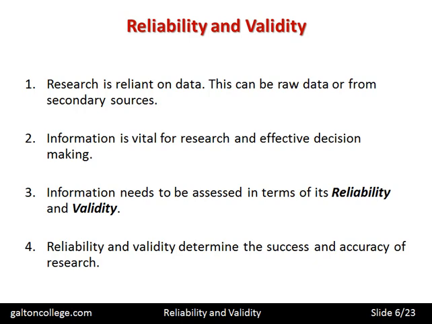But they also determine the success and accuracy of decision making within business. If a business makes a decision based on some information it has, but that information is subsequently shown to be faulty, then of course the decision was faulty.